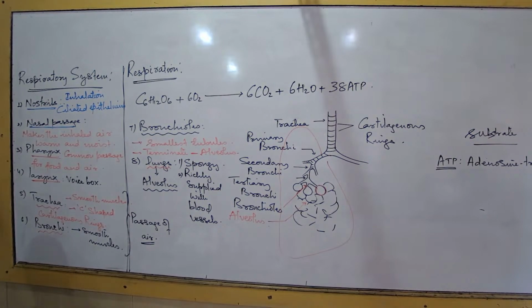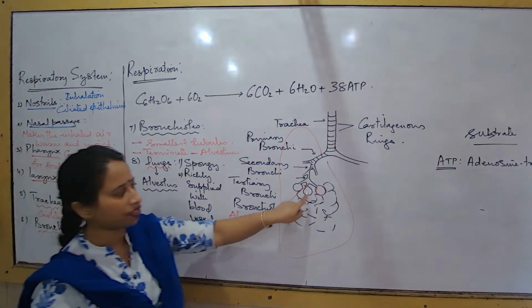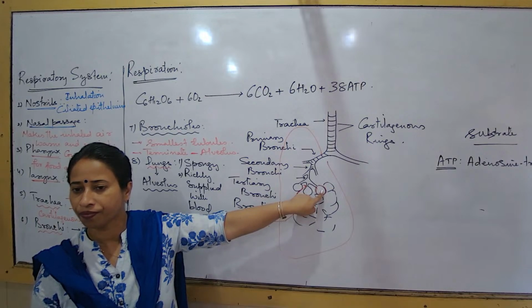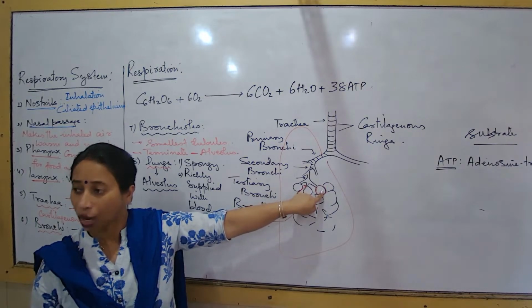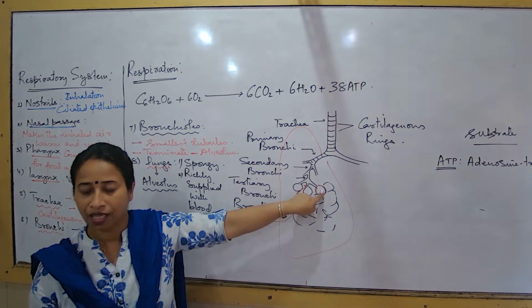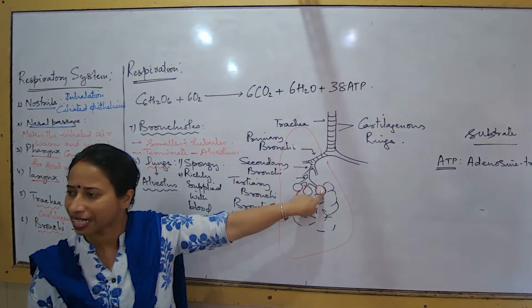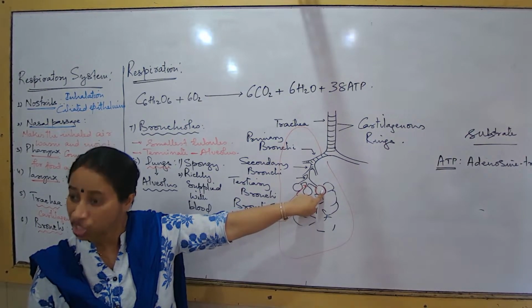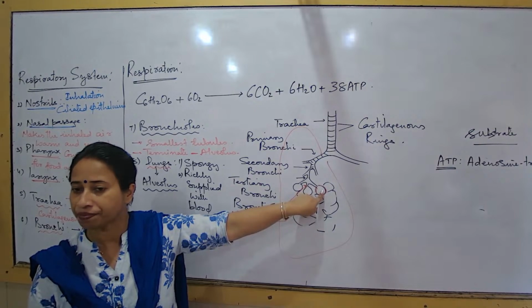Now to write down the second part. What did I ask in the second part? What are the special features of the alveolus? Now that I talk about each of these air sacs, what are these air sacs known as? Alveolus. Now we are going to understand what is exactly happening in the alveolus. Air is filling in, exchange of gases happening.